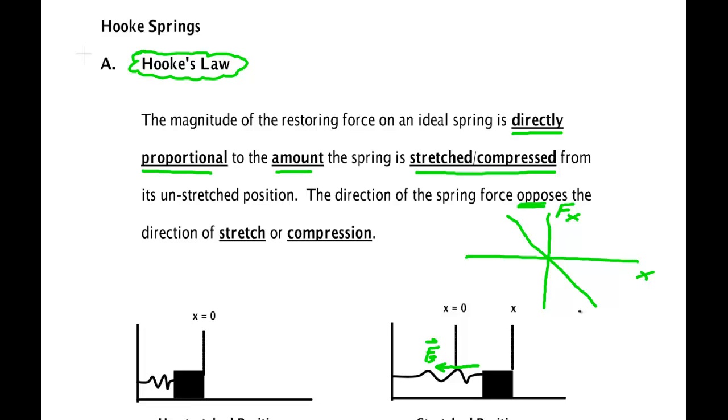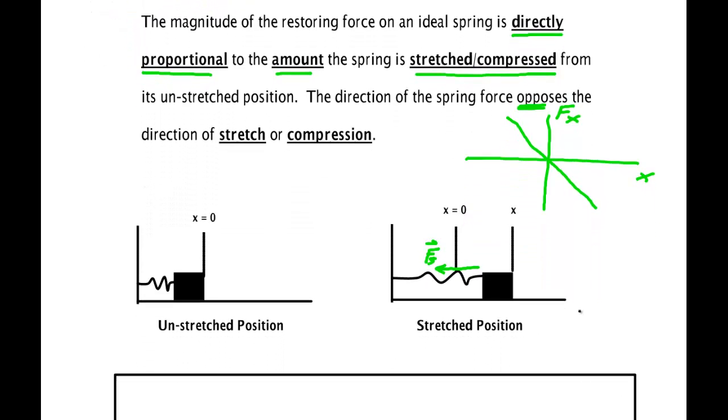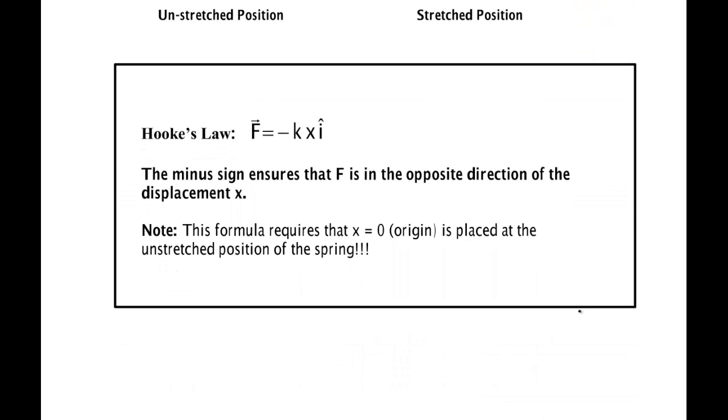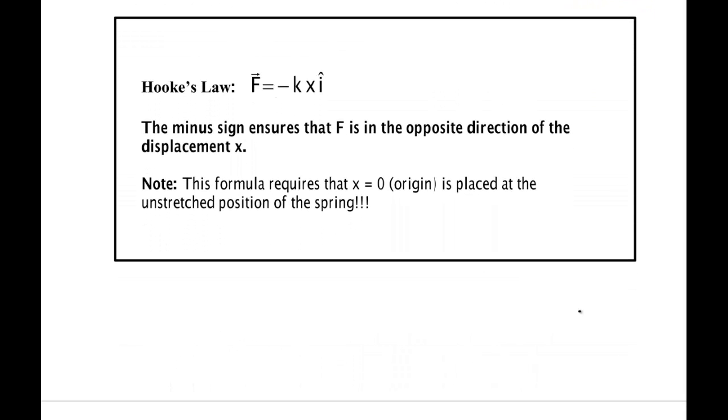Now, you can actually put all of this into an equation, which is called Hooke's law. It says the vector force that we just talked about is equal to minus kx i hat. Now, usually we just talk about the magnitude. So the magnitude is just k times x, where k is called the spring constant.